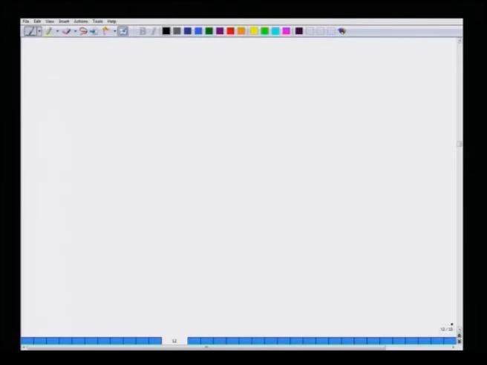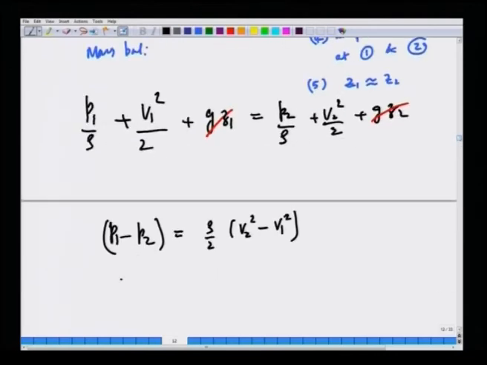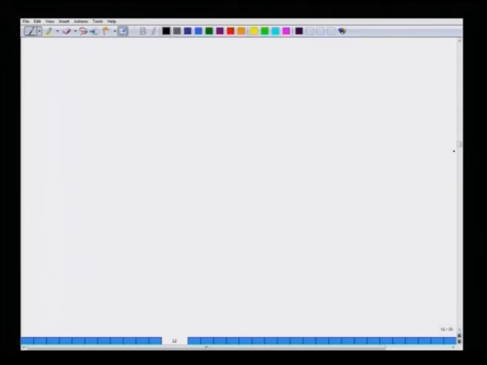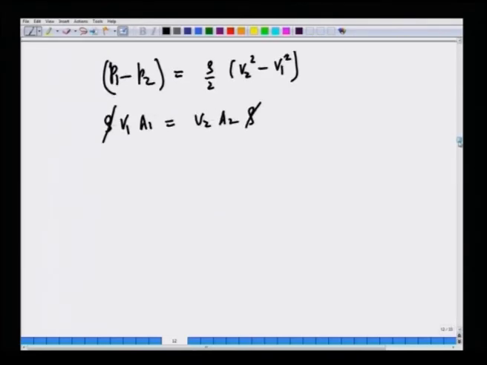Okay. Now, the mass conservation equation tells us that V1 A1 is V2 A2. Of course, rho is there, but rho is cancelling out because it is an incompressible fluid. We are assuming incompressible fluids, rho is a constant, does not change.